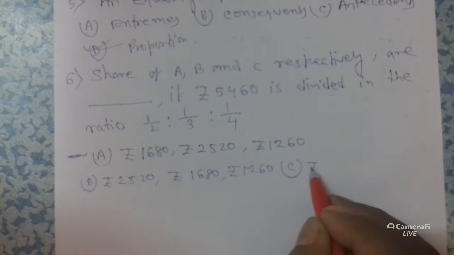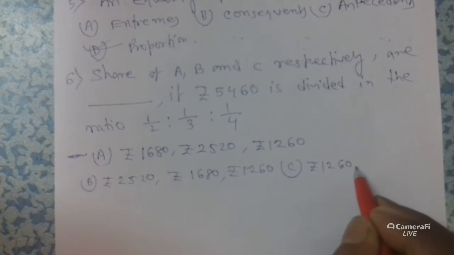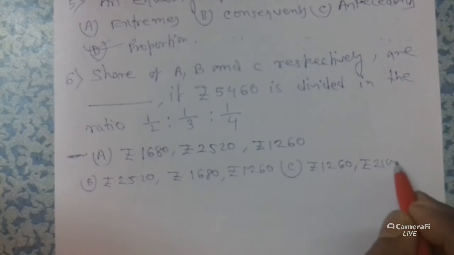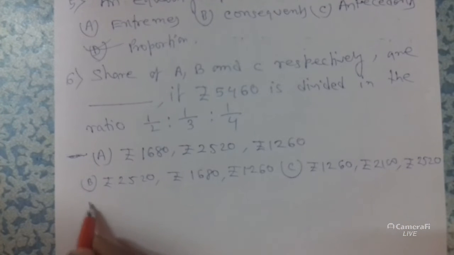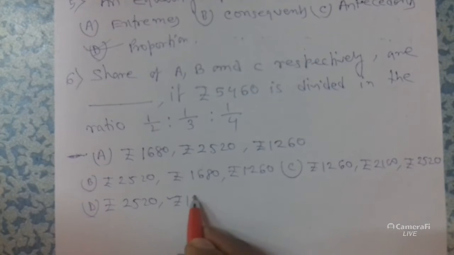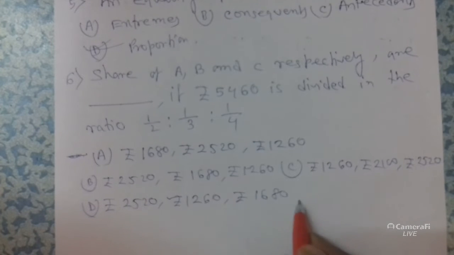Option C is rupees 1260, 2100 and 2520. And option D is 2520, 1260 and 1680.